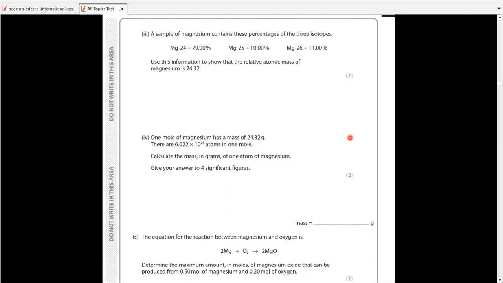Do I just multiply 24 with 79, then add 25 multiplied by 10, and then add 26 multiplied by 11, over 100? That is correct, and it should give you the answer 24.32. Let me just write the formula on here. All right, take your time.